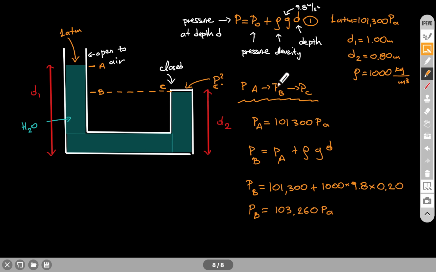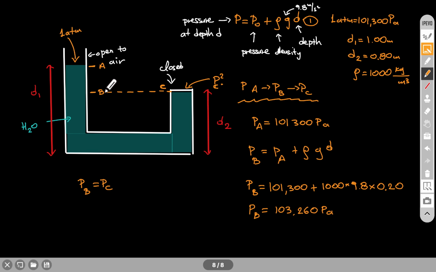As I said before, I'm going to go from A to B, and I did that. I know the pressure at A, and I found the pressure at B. Now from B, I'm going to make my way through to finding the pressure of C. But I want to remind you, I've shown that the pressure at B and C needs to be exactly the same.